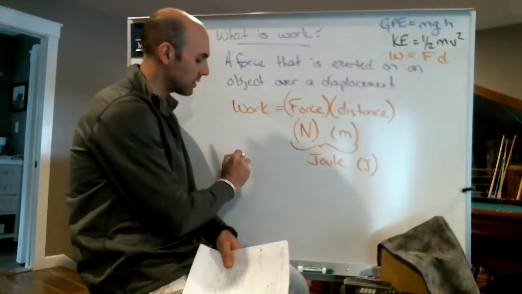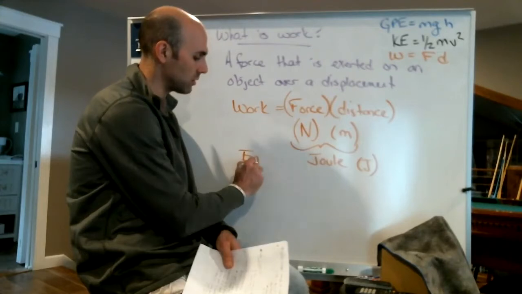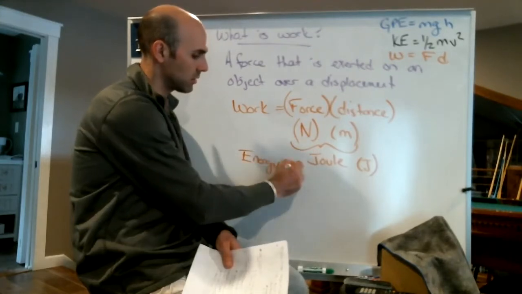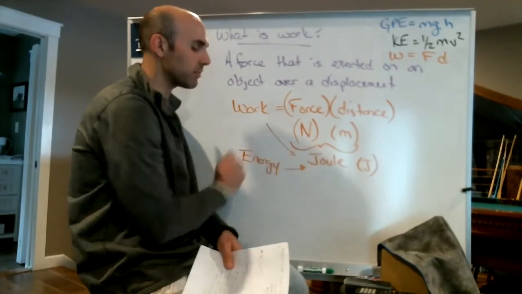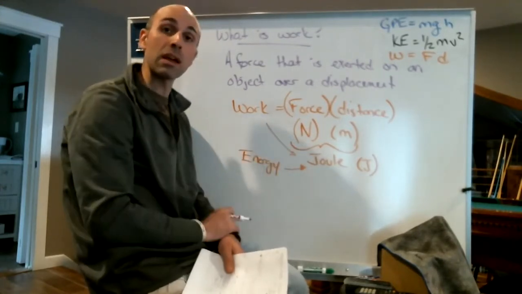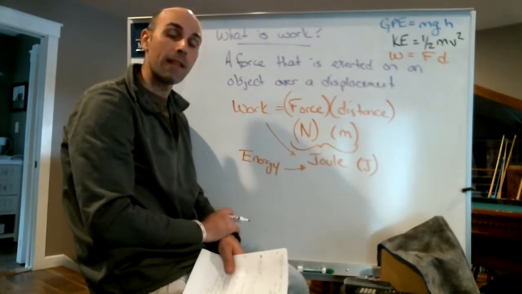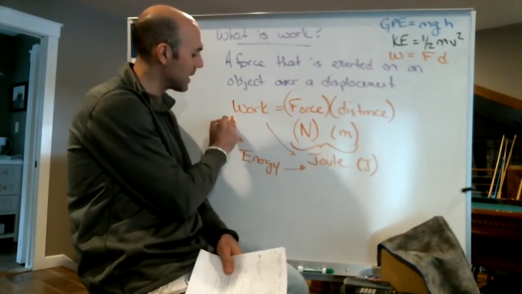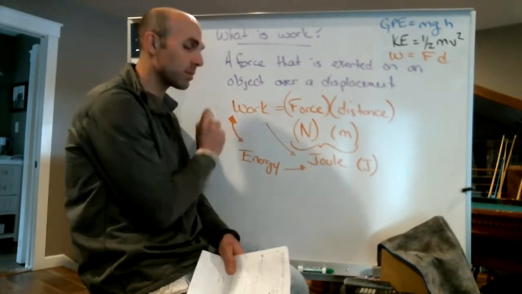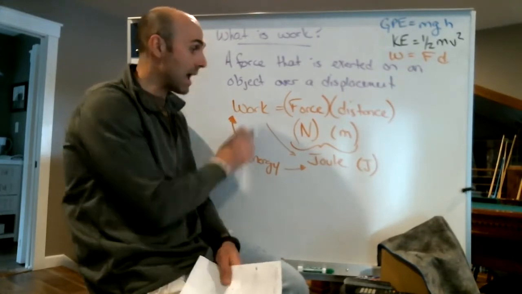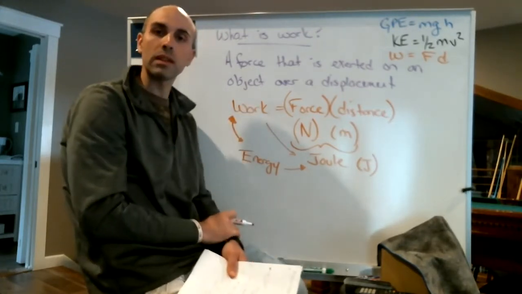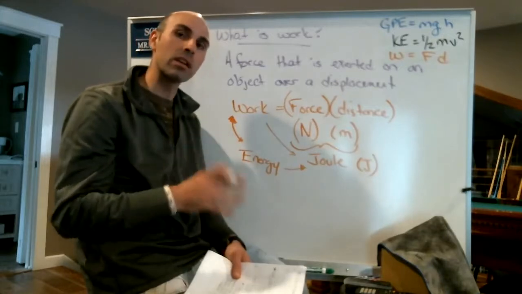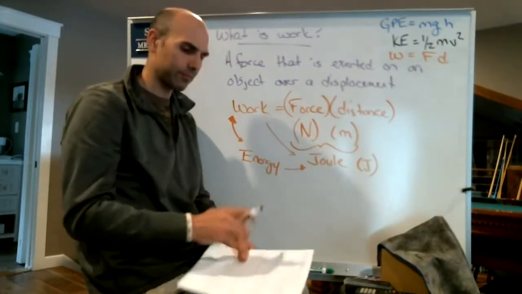So energy is also measured in joule. So if work is measured in joules and energy is measured in joules, these two have some type of relationship as well. And that's going to be a very important relationship because it will allow us to make some important connections.